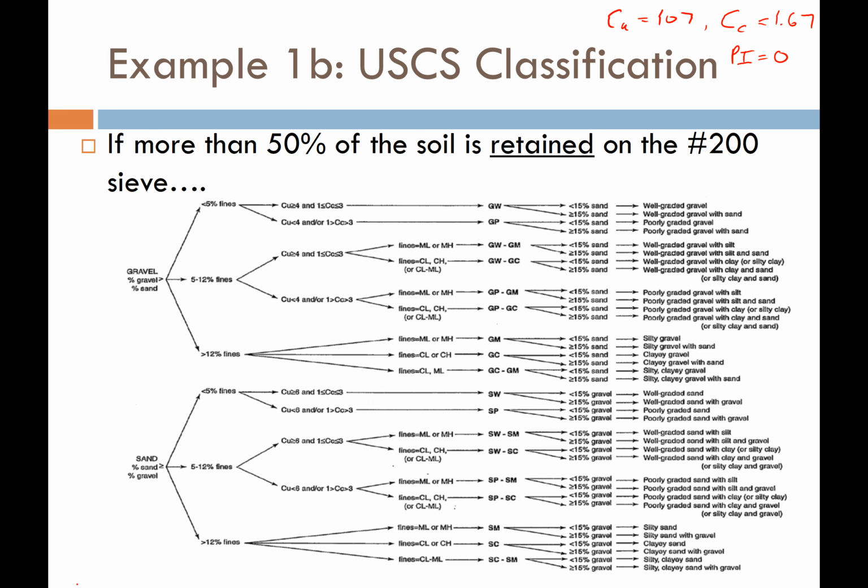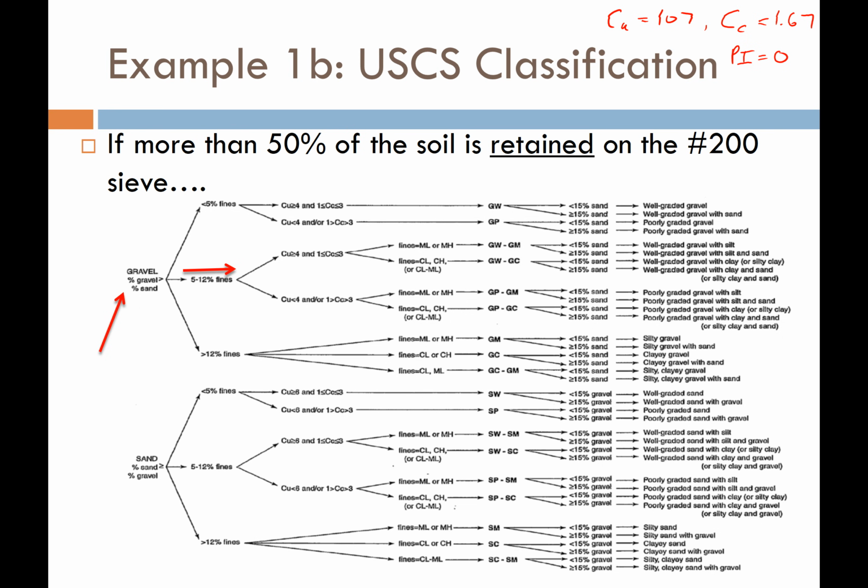Okay, so you'll remember that we said we had more gravel than we had sand. We have 50% gravel, 40% sand, so we are predominantly a gravel. Okay, now see if you can get the next step. Do we have less than 5% fines, between 5 and 12% fines, or more than 12% fines? So you tell me. Right, we had 10% fines. So with 10% fines, I'm going to go to the between 5 to 12% fines.